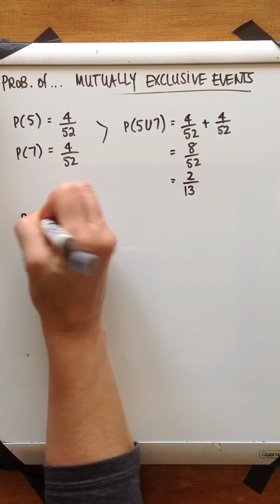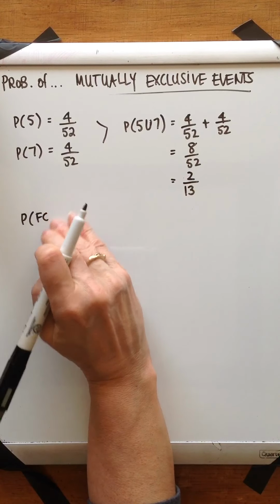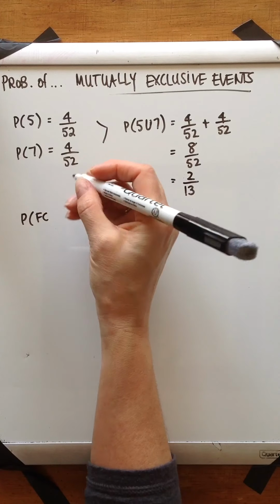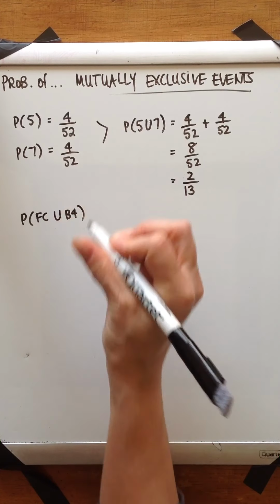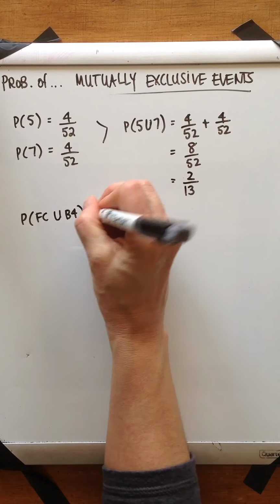Well, what's the probability of getting a face card? And I'm going to go straight, if it's okay with you, to here. We'll do this thinking as we progress across the page. And I'm just going to give myself a little short form note of face card or a black 4.